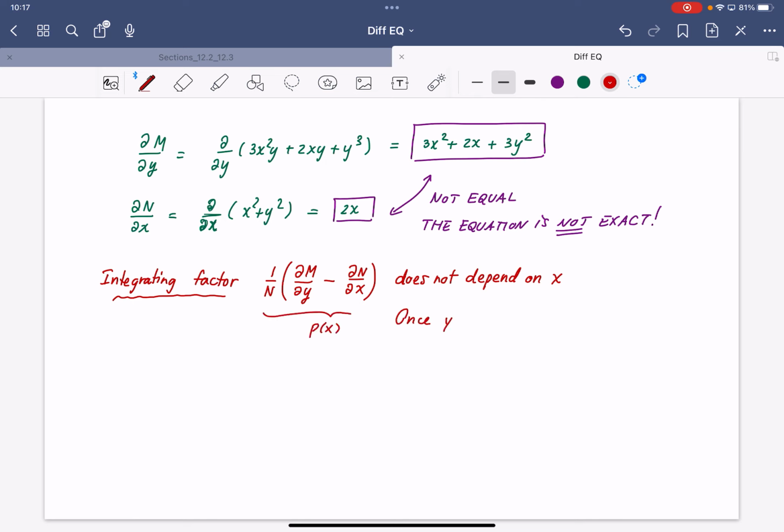Once you multiply mu equal to e to the integral of P(x) dx to the original equation, it will be an exact differential equation.